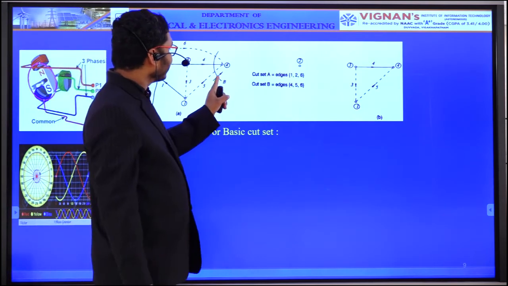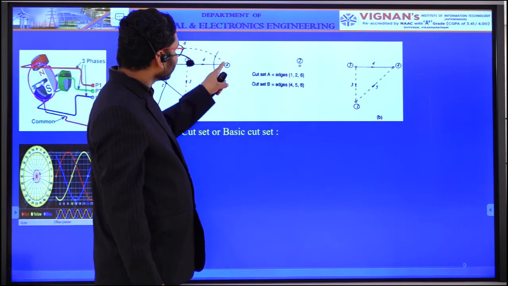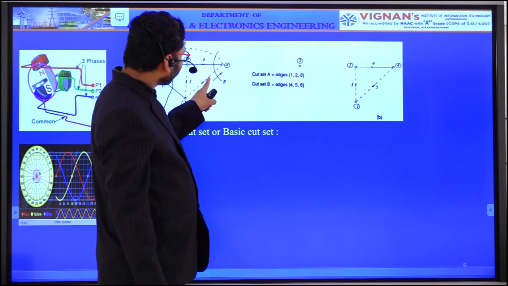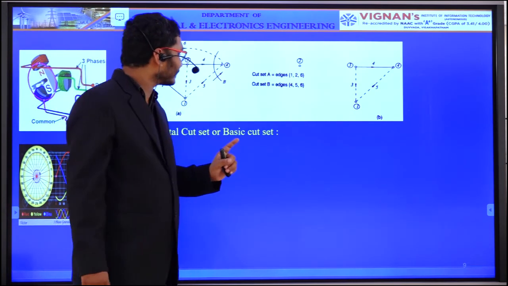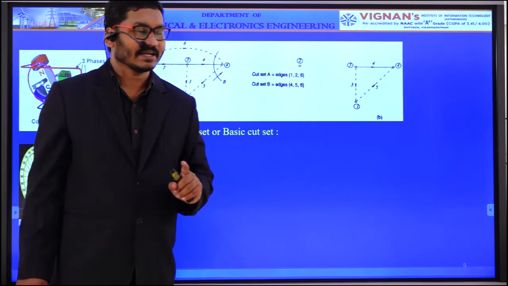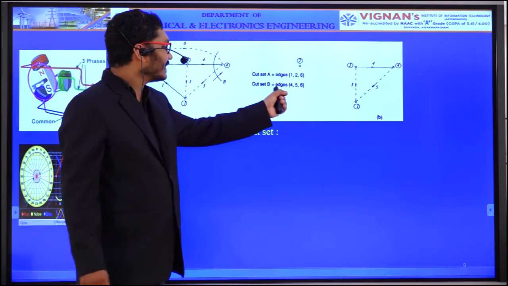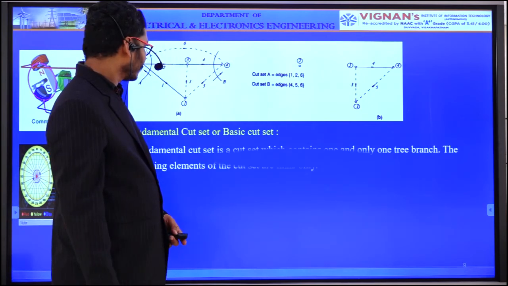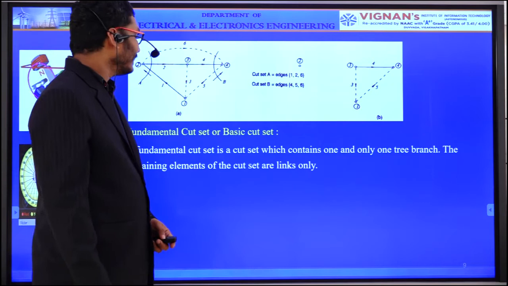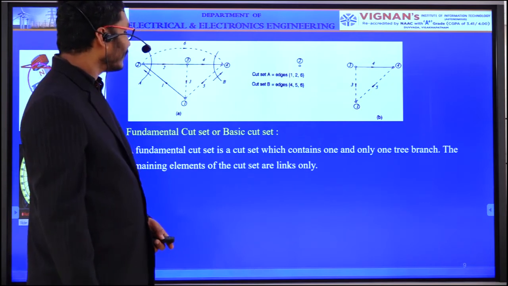Suppose cut set B. Okay, if you see here, 5, 4, 6. 5 and 6 are the co-tree branches, 4 is the only tree branch. So cut set B is the basic cut set. Okay. A fundamental cut set is a cut set which contains one and only one tree branch.